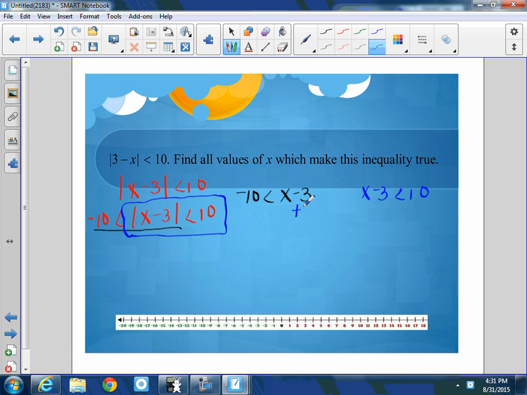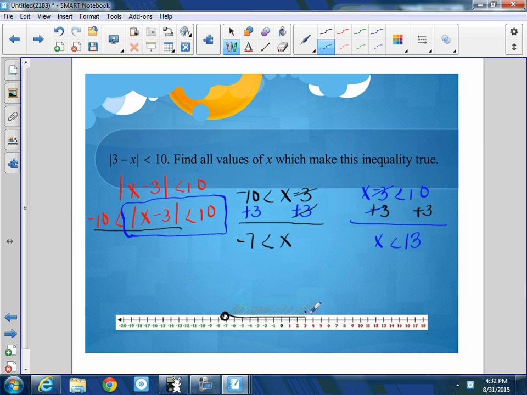So let's solve. Plus 3 plus 3, that will be 0. x is greater than negative 10 plus 3 would be negative 7. Plus 3 plus 3, that's 0. So x is less than 10 plus 3 would be 13. Now let's write it. I'm going to make an open circle on negative 7 because it's not equal to, but the values of x have to be greater than negative 7.